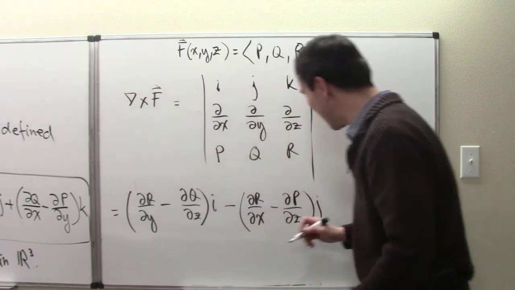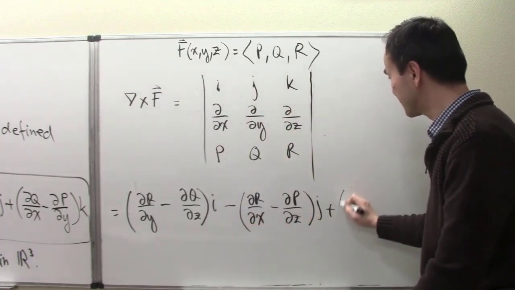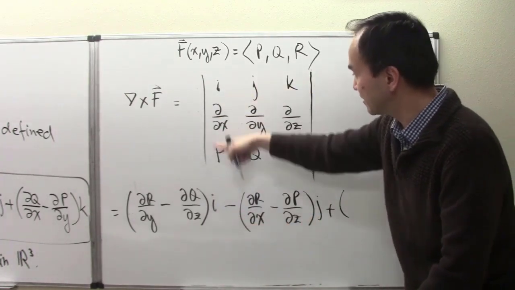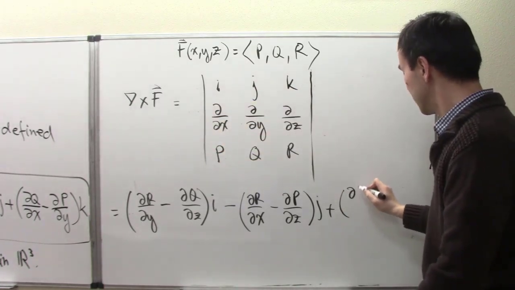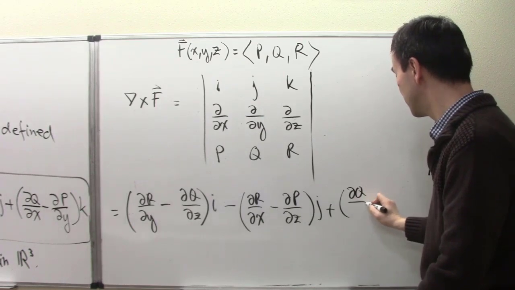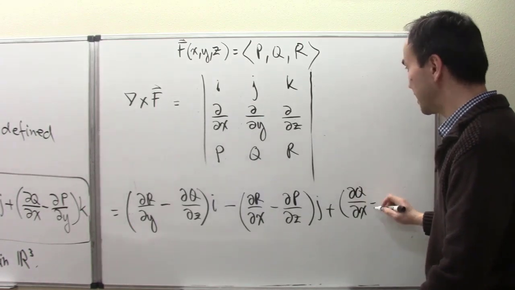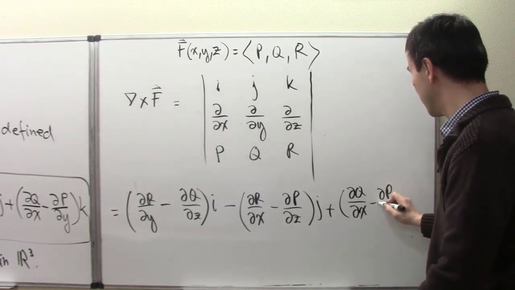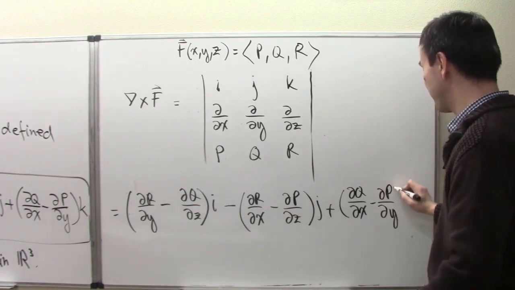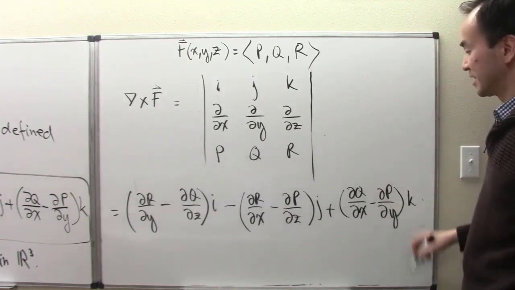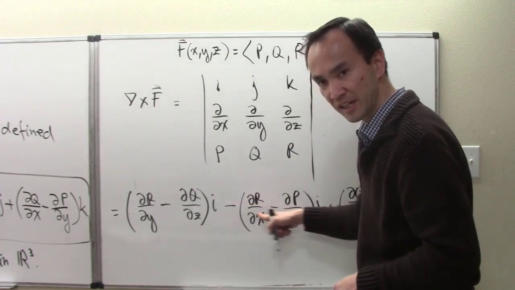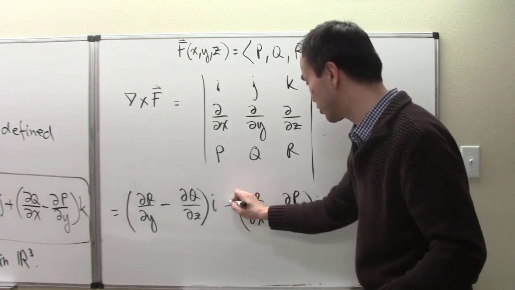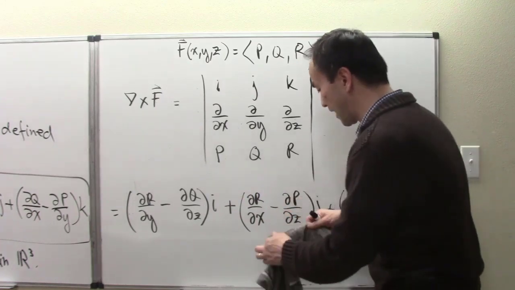And so the last term here is, of course, the k component, with the subdeterminant right here with these four entries. So now I'm looking at dQ/dx minus dP/dy. All right, with the k component. And so needless to say, with the minus accounting for the middle component, we can turn it into a plus, but now these will become the following.